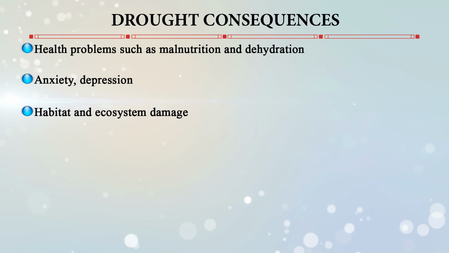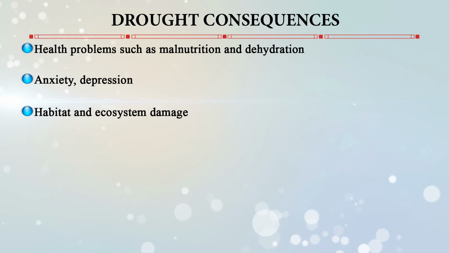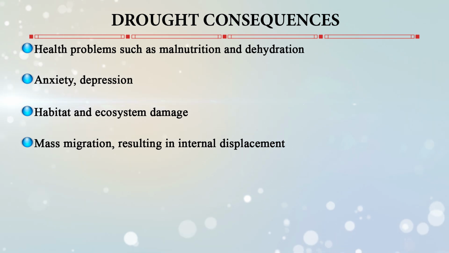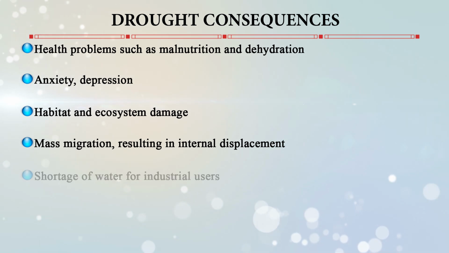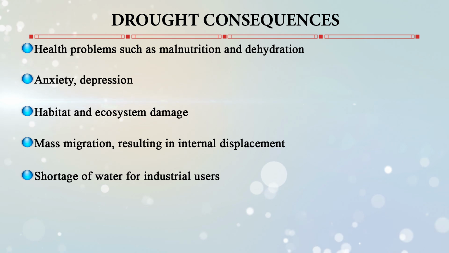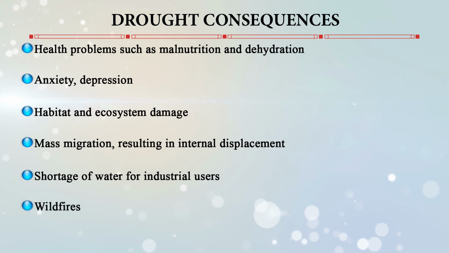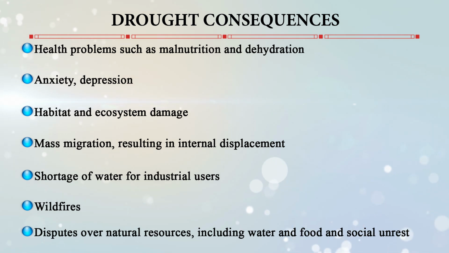There can be habitat and ecosystem destruction and damage. There could be mass migration resulting in internal displacement of people. There could be shortage of water for the industrial users. There could be wildfires, and there can be disputes over natural resources including water and food, and also social unrest.